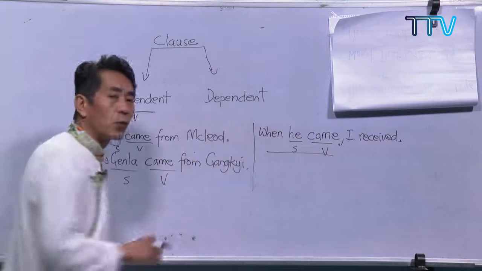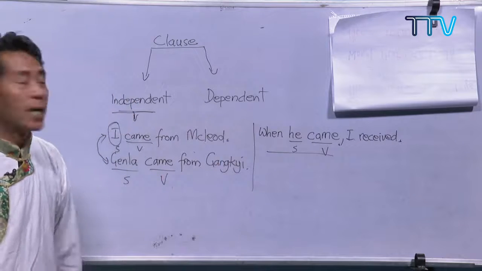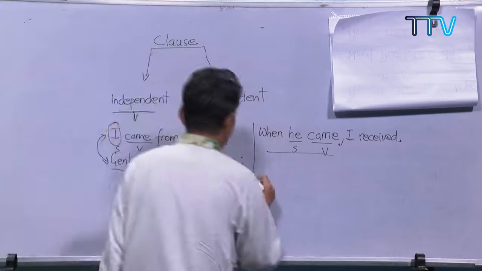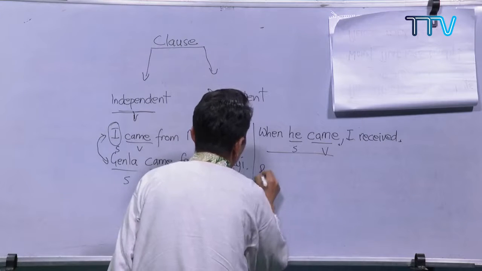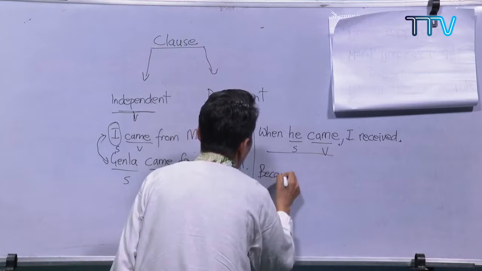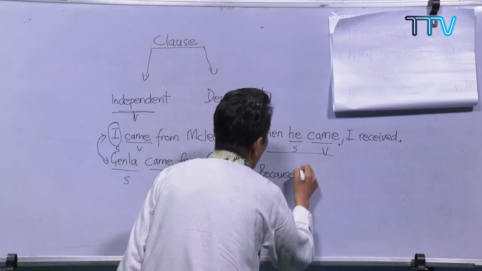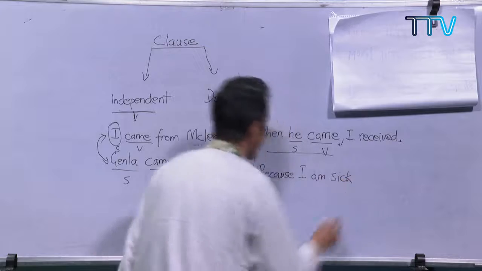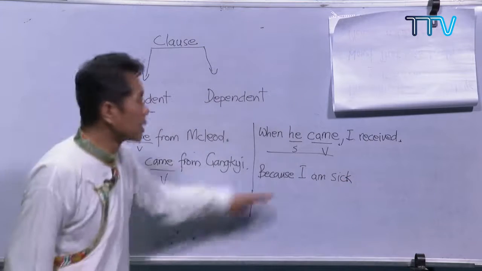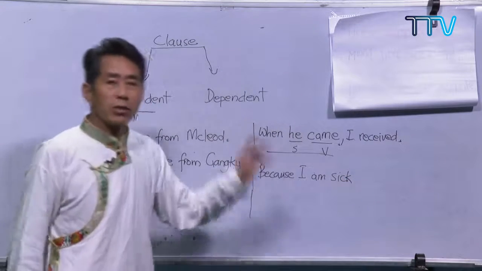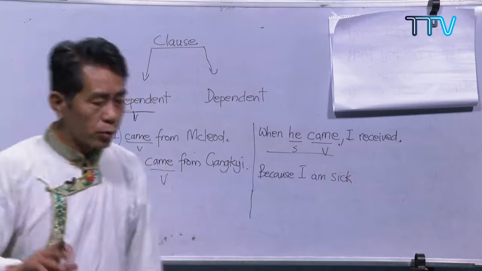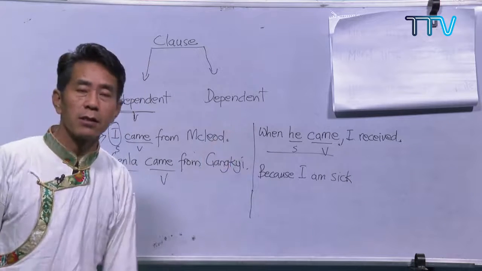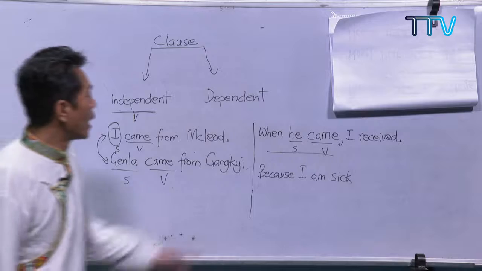Now if I give you another example of a dependent clause: "Because I am sick." Now, if you look at this, is this a clause? This is my first question. Yes.